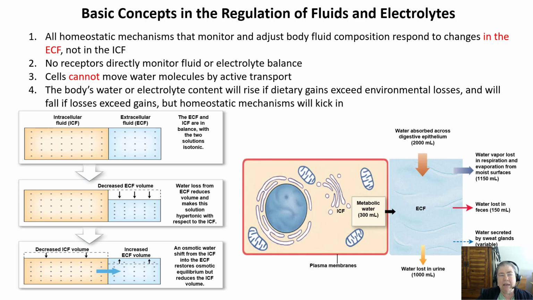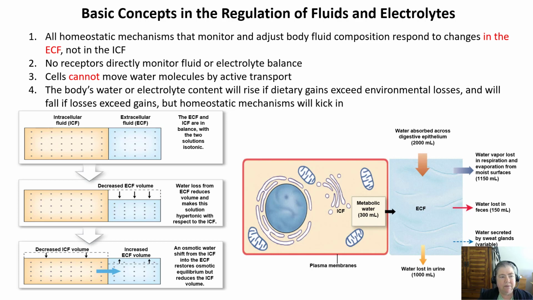So if dietary intake exceeds losses, you'll get increases. And if losses exceed intake, you'll get decreases. But there are homeostatic mechanisms that will kick in to try to equilibrate.